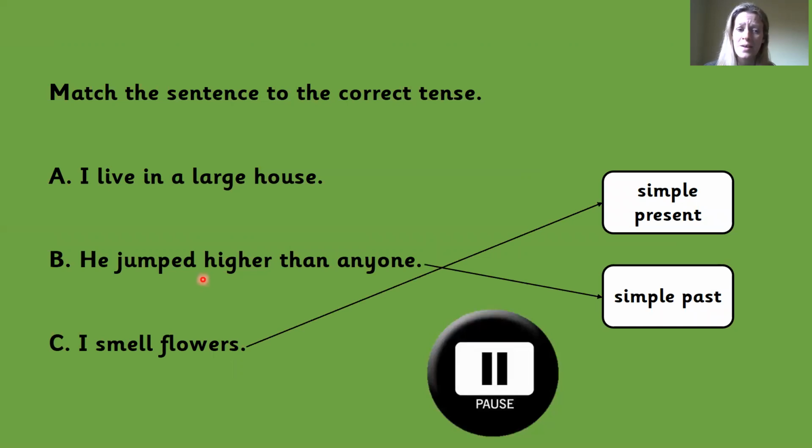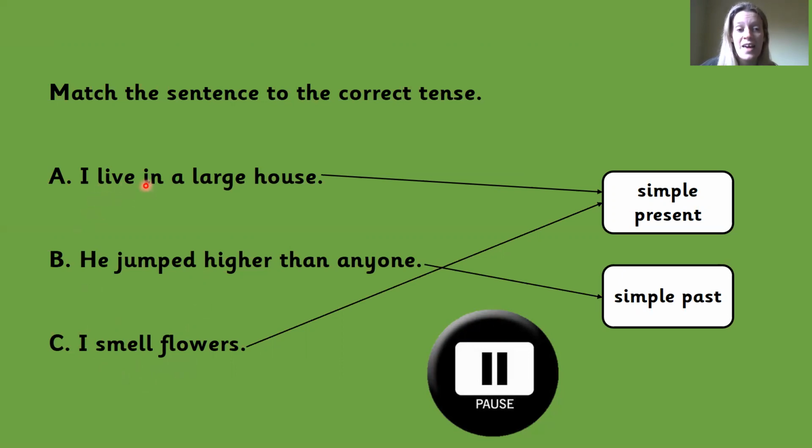I smell flowers. Smell is the verb. Now, it doesn't have the S on the end, but it is still in the present, isn't it? Because you're saying it's happening at the moment. I smell flowers. It's in the present. And our last one, I live in a large house, is also present. Our verb is live.